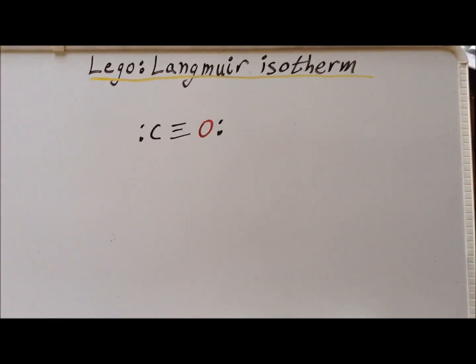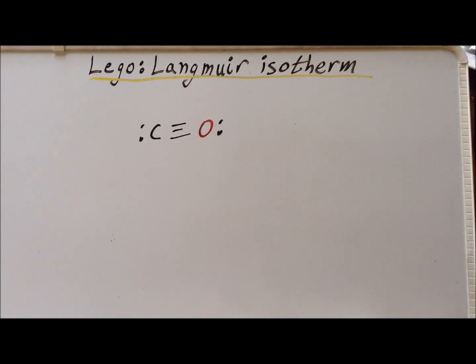The adsorbate molecule we are going to use for this demonstration is carbon monoxide, which is an incredibly important gas in industry, which consists of carbon and oxygen held together by a triple bond. So this is the Lewis structure of carbon monoxide.